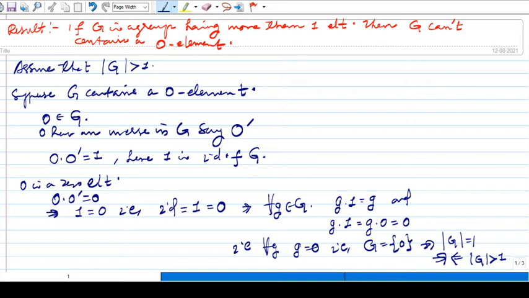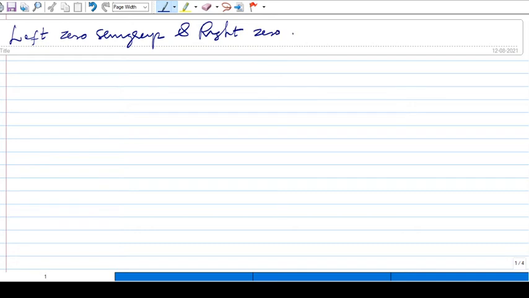Okay, the next thing is actually the beginning of the semigroup. We start with something called the left 0 semigroup and the right 0 semigroup.